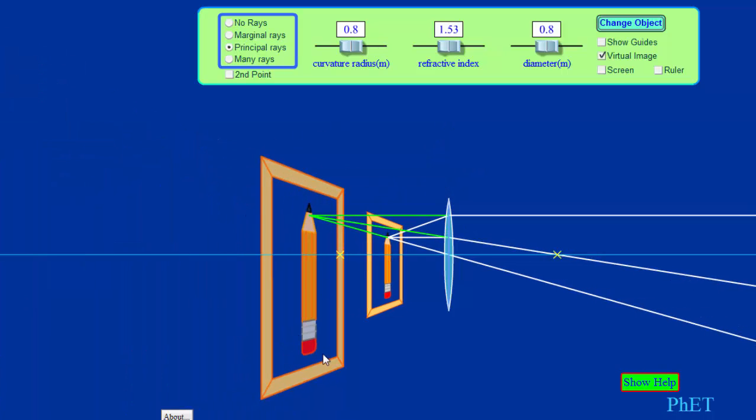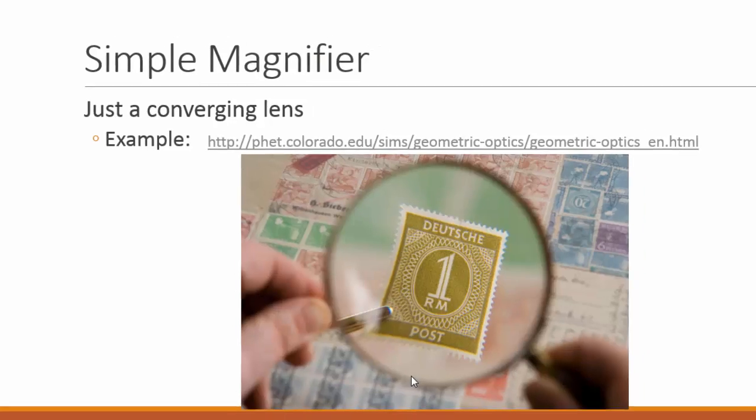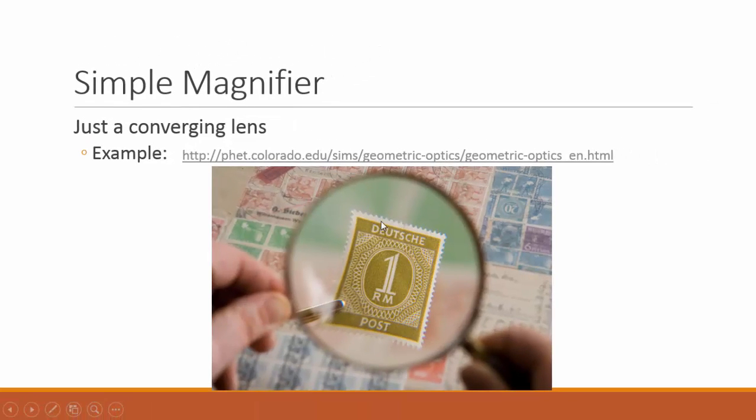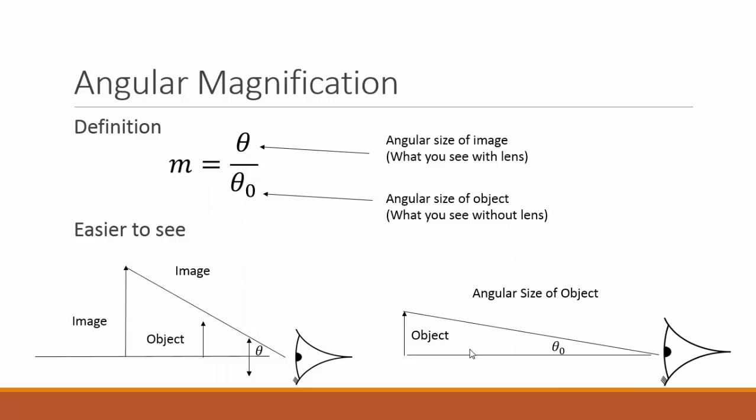Looking at this virtual image is essentially the purpose of the simple magnifier: to create this larger virtual image. And that's what you're seeing here, the larger virtual image as you look through a simple magnifier.